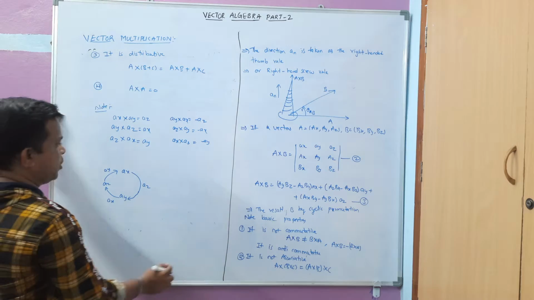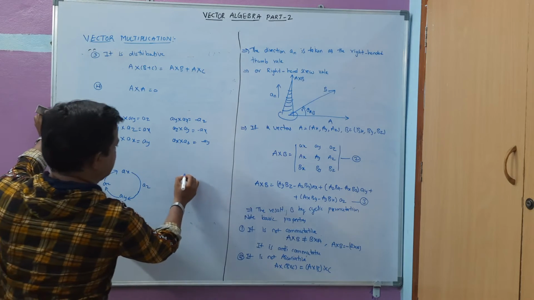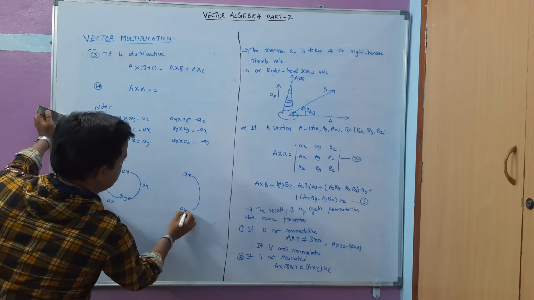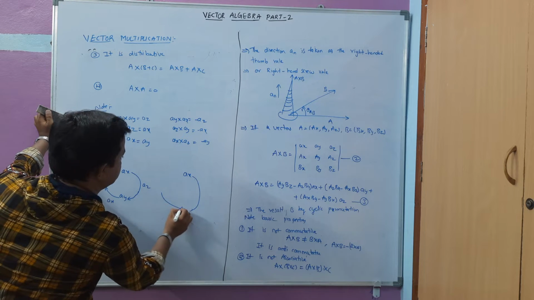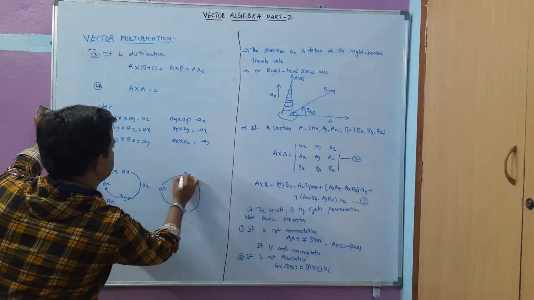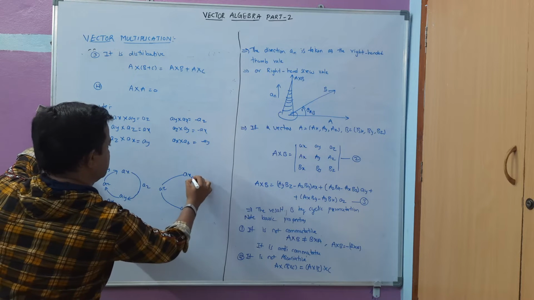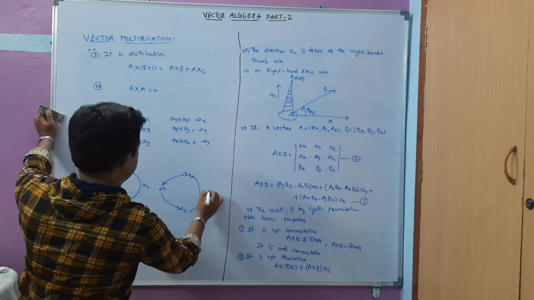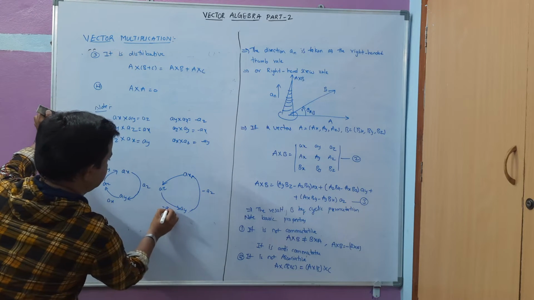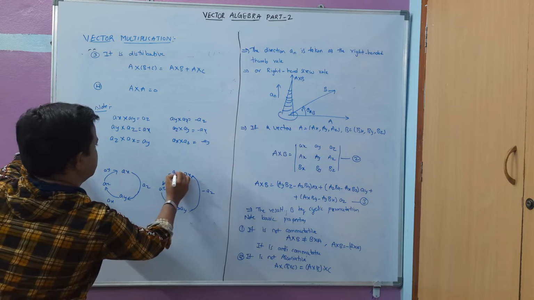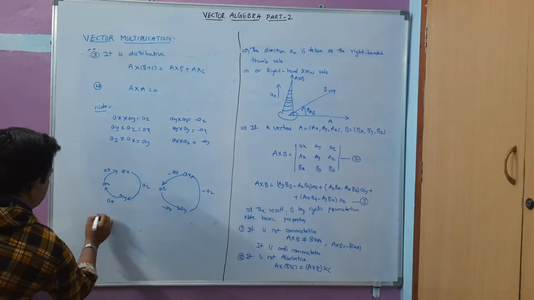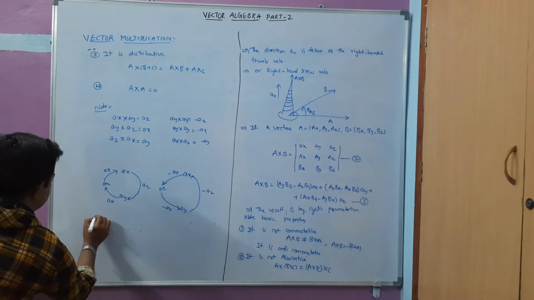So this is the positive cycle. And if I take the same AX, AY, AZ, this is the reverse one. If I take the reverse one, this is minus AZ, minus AX and minus AY.